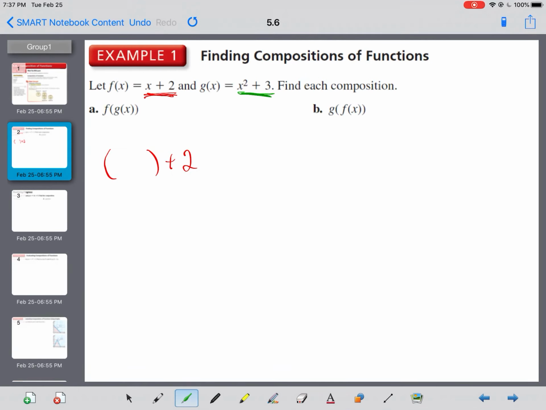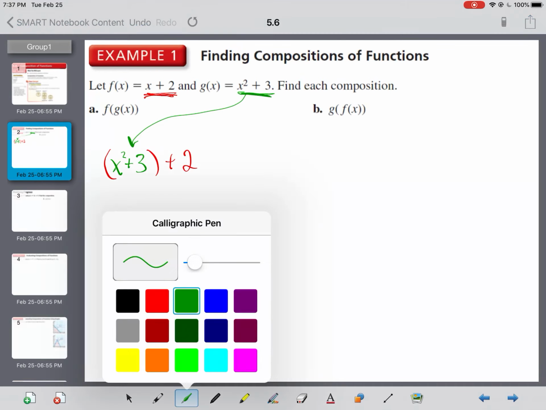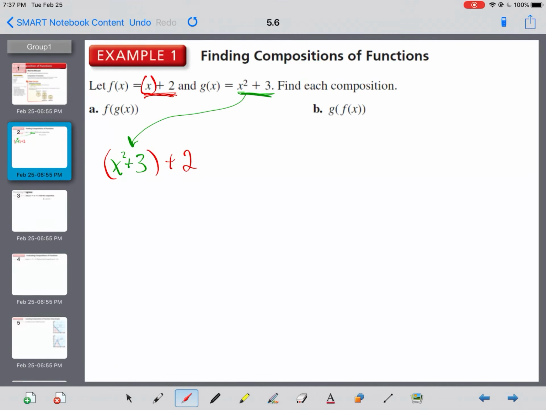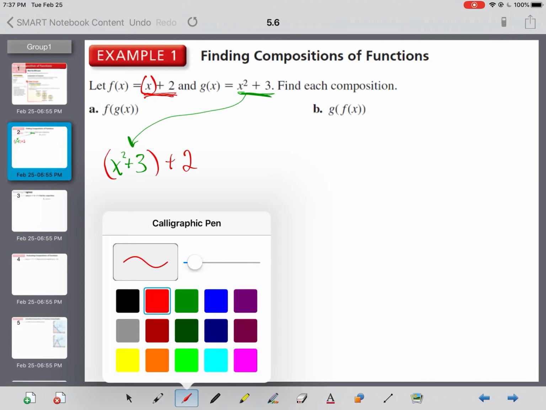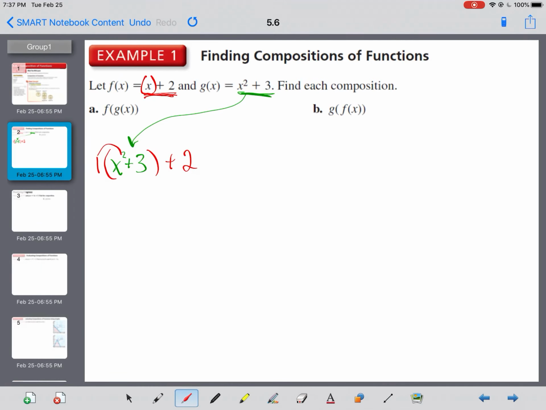And g of x is this one, and it's going to go in to f of x where the x in f of x was. So back up here, I said, okay, we're going to plug it in that spot. And then we simplify. Outside the parentheses of 1, so 1 times each is x squared plus 3. And then there was a plus 2 out there. 3 plus 2 are like terms, so x squared plus 5.